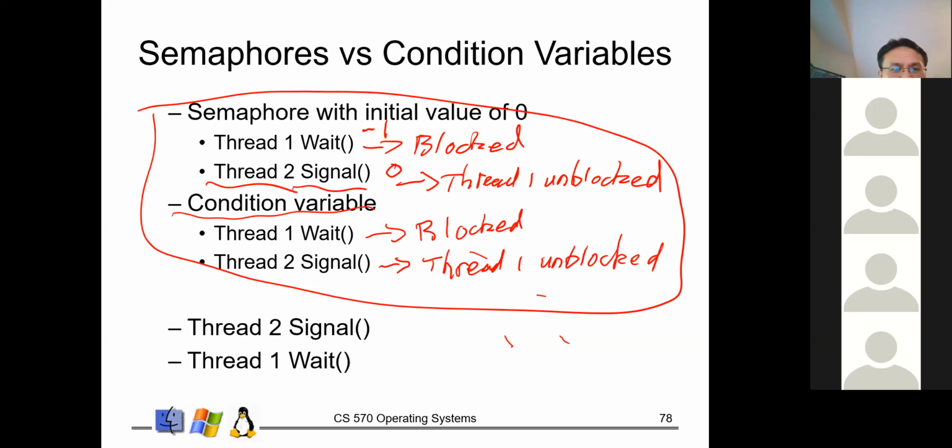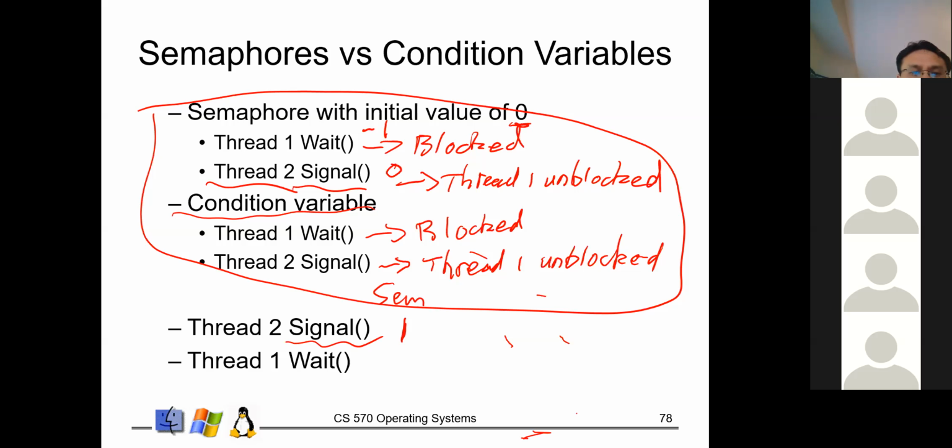All right, so looks like in this kind of sequence, semaphore and condition variable work the same, right? What about if I call signal first, then I call wait? In the semaphore case, you call signal first, and because you start the semaphore with 0, the semaphore integer will be incremented to 1.